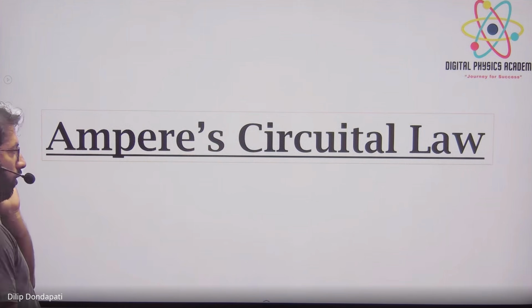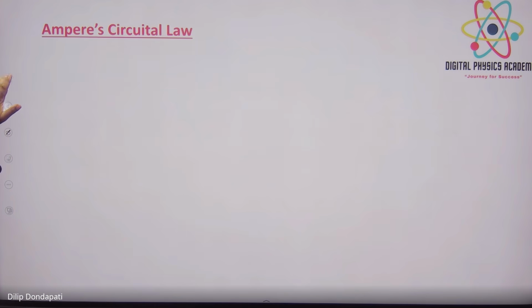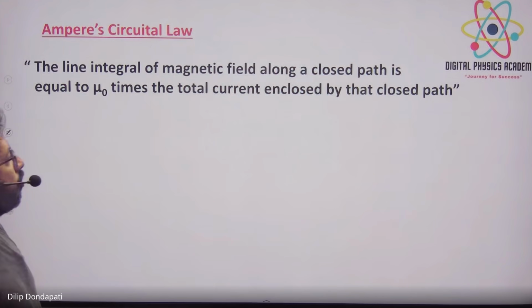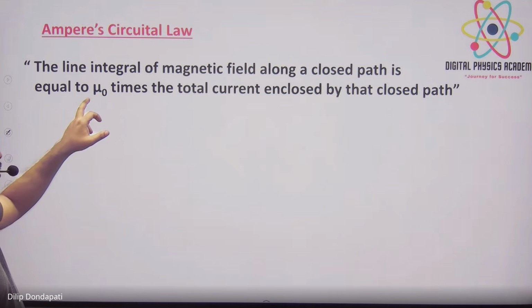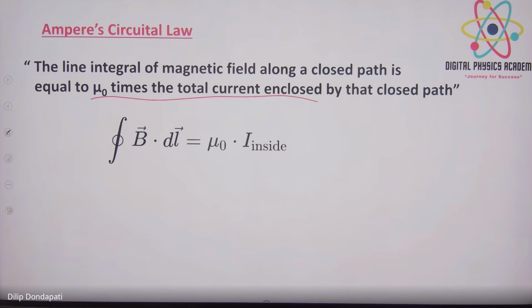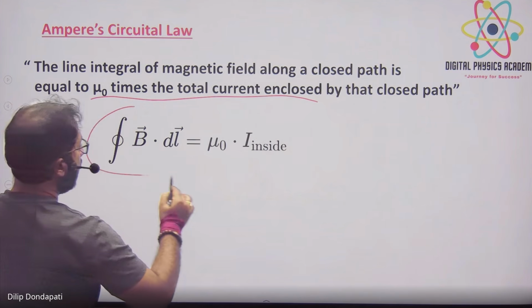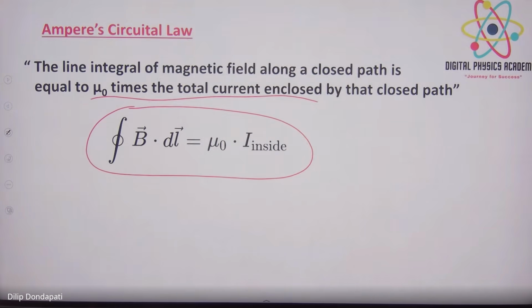Okay, let's go. What is Ampere circuit law? We'll see. First write the definition of Ampere circuit law. The line integration of the magnetic field along a closed path is equal to mu naught times the total current enclosed by that path. See, closed integral B dot dl is equal to mu naught times I inside.